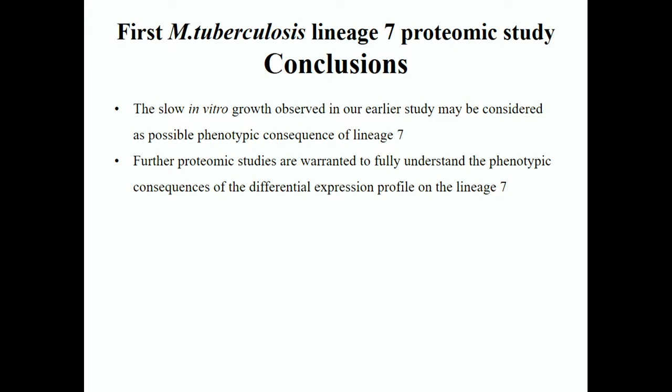Therefore, the slow in vitro growth that was observed in our earlier study may be considered a possible phenotypic consequence of lineage 7. However, we recommend further proteomic study to fully understand the phenotypic consequence of the differential expression profile of lineage 7.